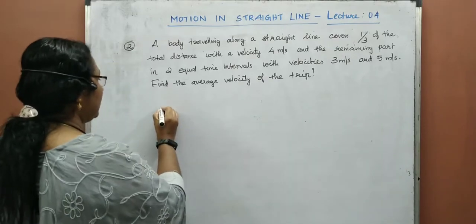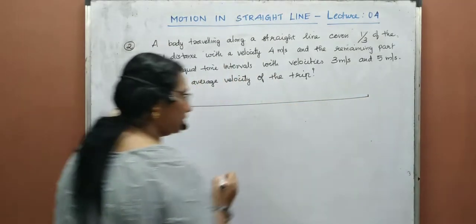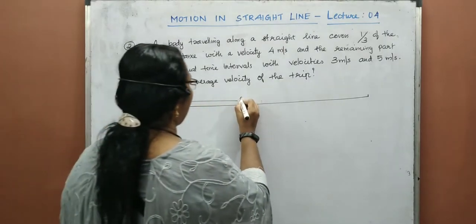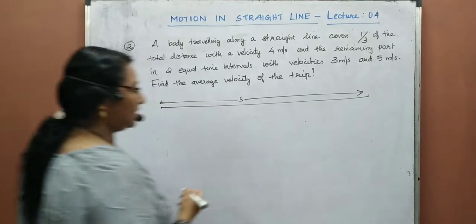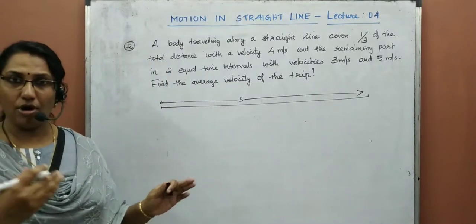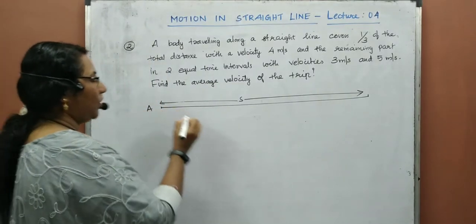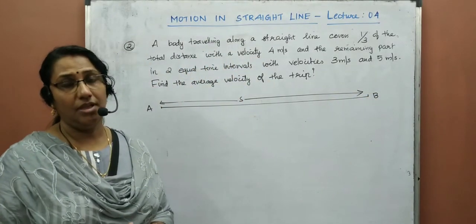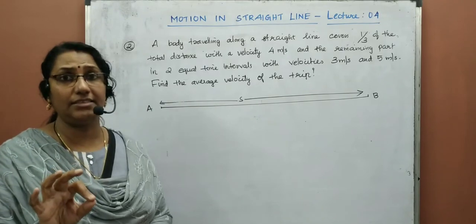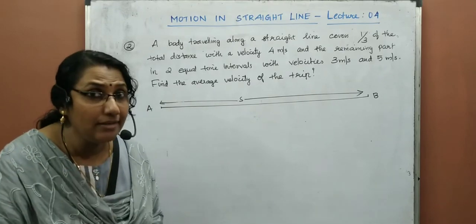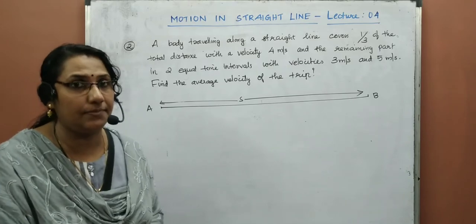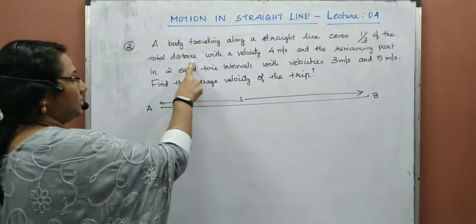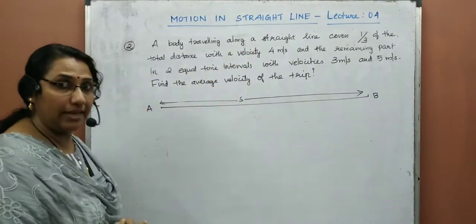That means, suppose a body travels from this point A to this point B, and the total distance is s. But it travels in such a way that it covers 1/3 of the total distance with a velocity of 4 meters per second.